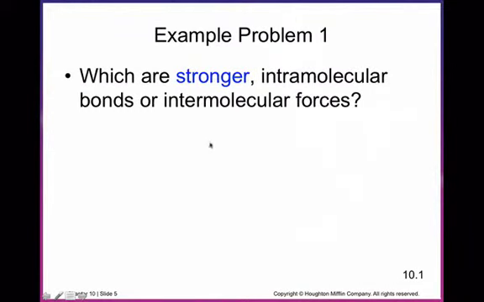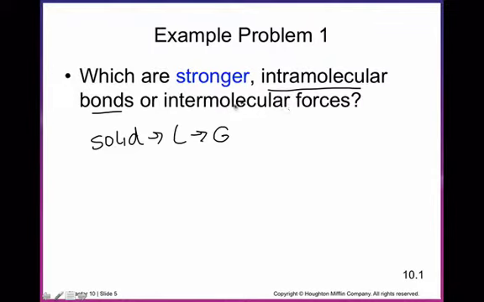So our example problem here: which are stronger, intramolecular bonds or intermolecular forces? And the answer you would want to pick is intramolecular bonds, because it's a lot easier for you to make something go from a solid to a liquid to a gas. And all you're doing there is changing the intermolecular forces.